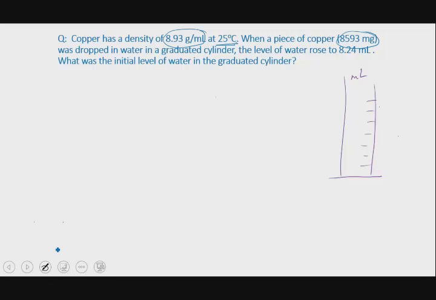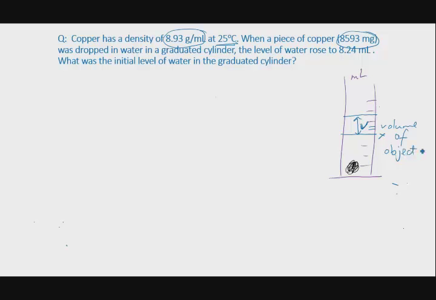If we had water in there at a certain level, let's call it X ml, and we dropped in a chunk, a pellet of copper, into that water, what will happen to the level of the water? The level of the water will rise to a certain value. And the idea is that this displacement, this rise in the level, this change in volume, equals the volume of the object that was submerged in the liquid.